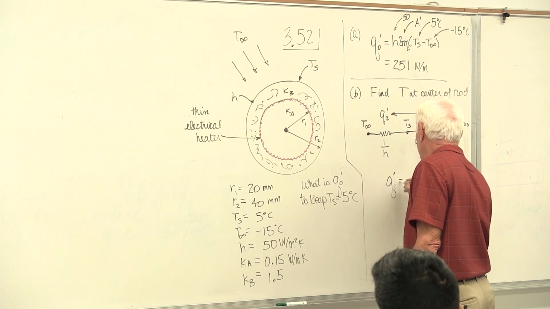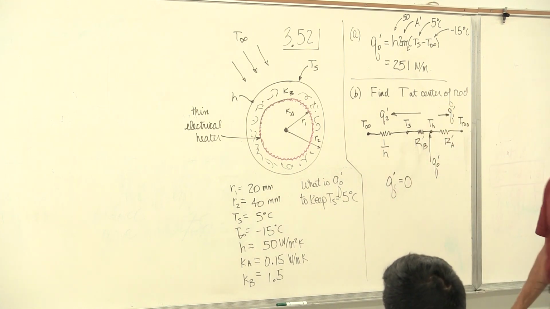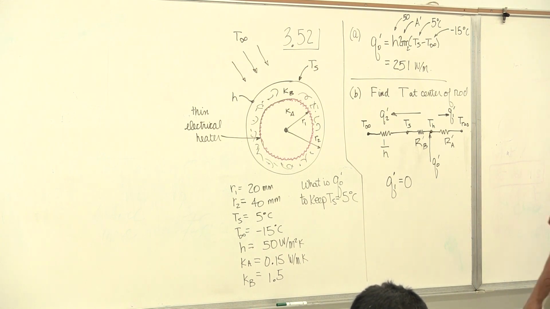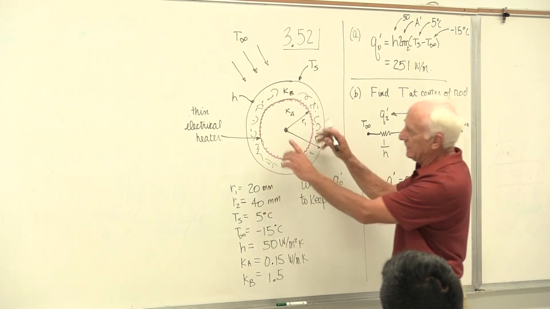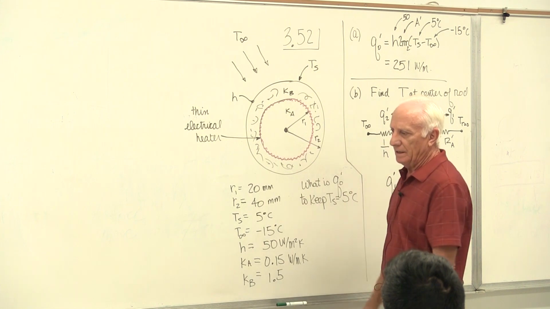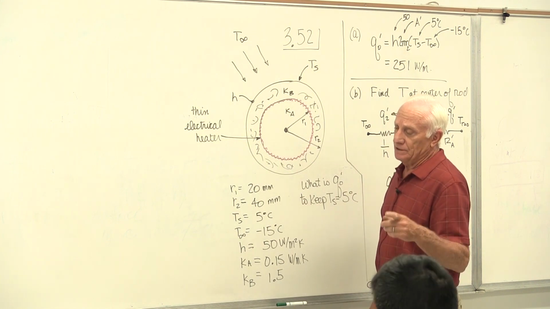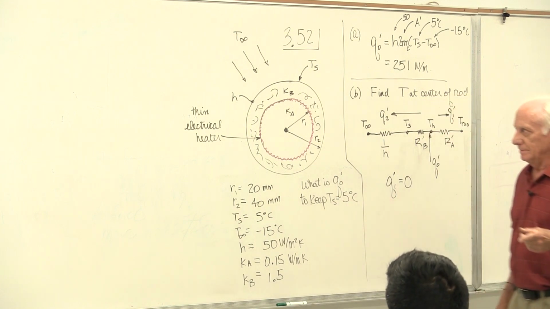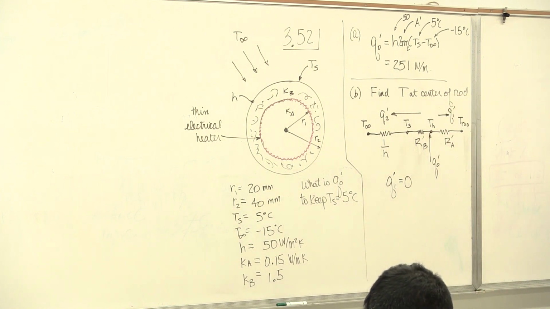Q1 prime equals 0. Nothing goes right. Why not? Well, if it did go to the right, how's it going to get out of there? If the heat from the heater goes into material A, then material A gets hotter, and it's not steady state, and this problem is steady state.